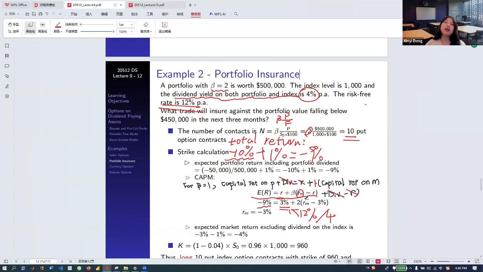Then for the beta times equity risk premium, you just use beta of 2 times RM minus 3%. Now we have to solve for RM. If you solve the equation, you'll get that RM, the total return of the market index, is minus 3%.